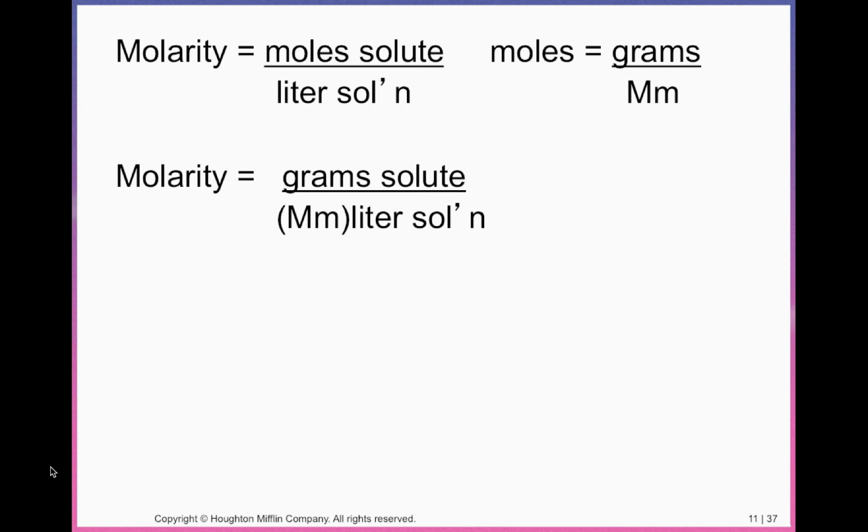I'm going to take my fraction here, which is grams divided by the molar mass, and I'm going to have it replace moles. So if I take this and put it in place of moles like that, I wind up getting this for a value. That's just a little bit of algebra. And this way I can put all the values in at once and don't have to worry about any rounding errors.